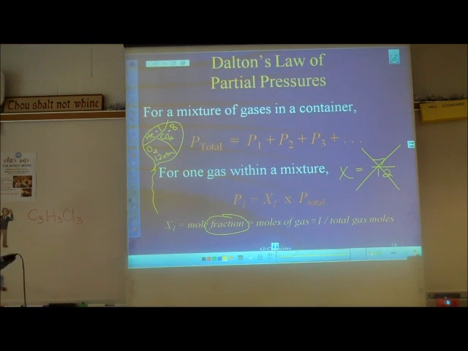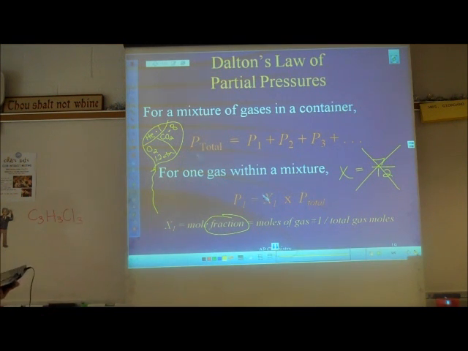We don't do that in here. If you're asked to solve for a mole fraction, you need to divide this out. Give me a decimal. And by the way, what would the units be for the mole fraction? What's another way to say moles over moles? No units. There are no units. It's a unitless entity.